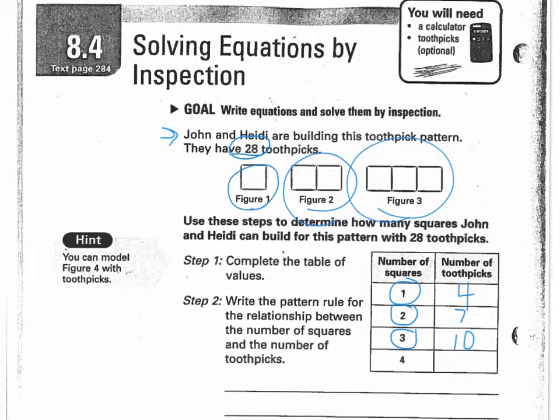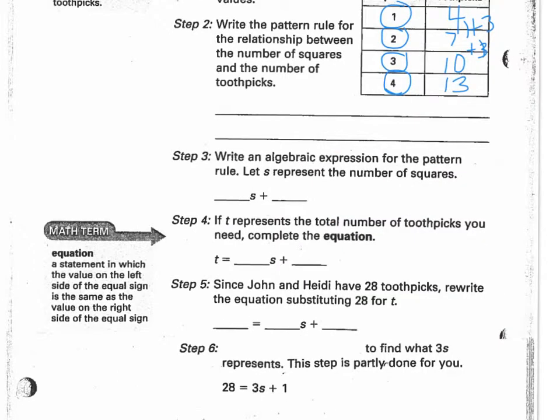The pattern is add 3, start with 4, and add 3 each time. In the fourth figure, I should have 13 toothpicks. The recursive pattern rule is start at 4 and add 3 each time.